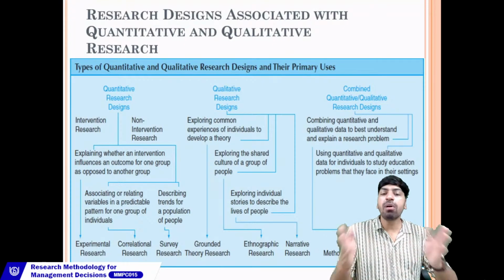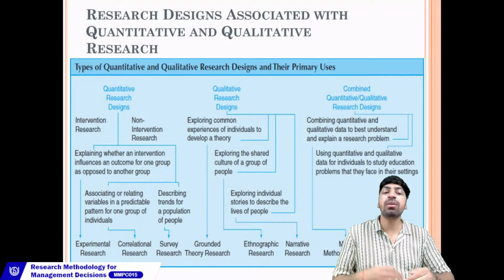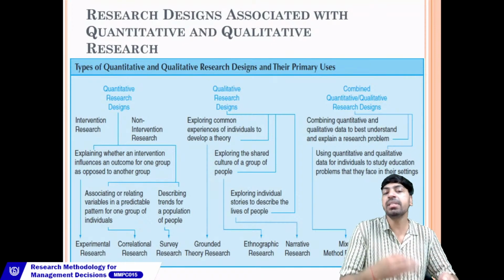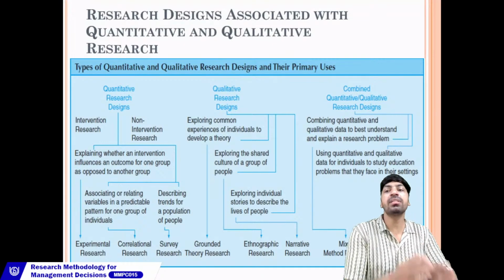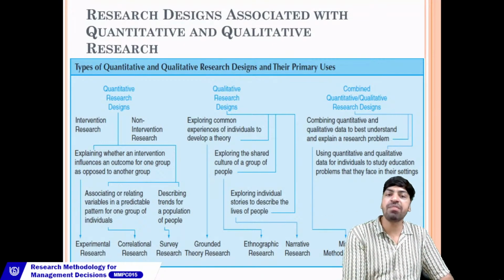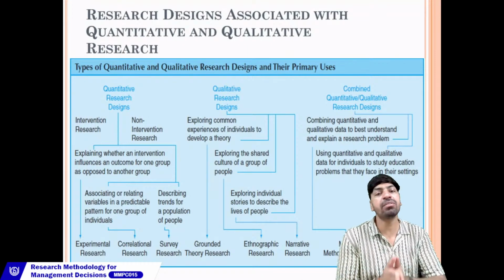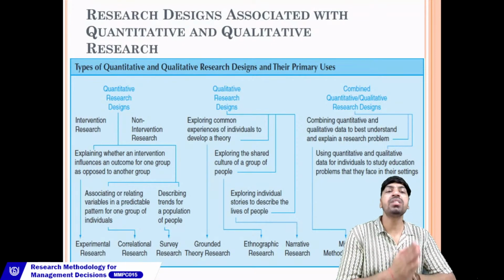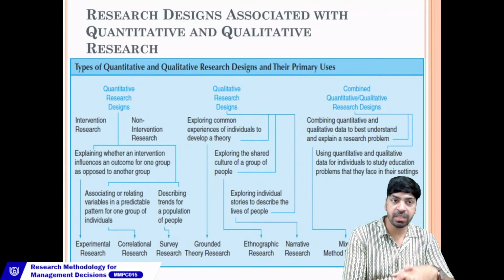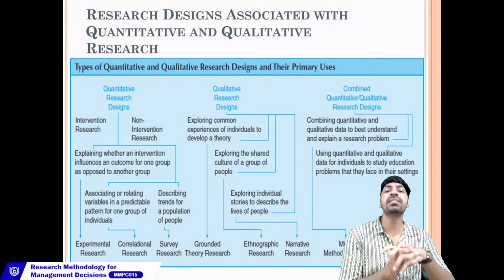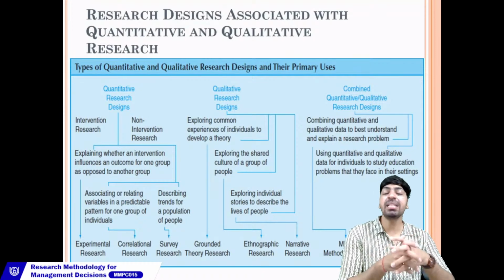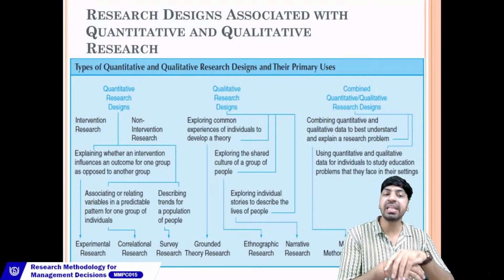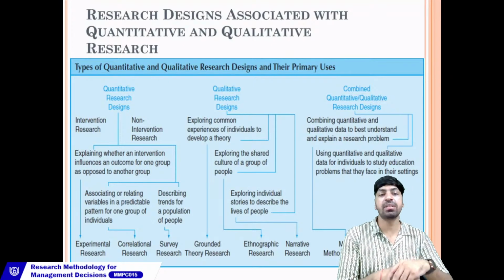Accordingly, you have to check which research design applies to your research study. So this is a chart which has been formulated and categorized into three parts. The first one is quantitative research design, the second is qualitative research design, and the third one is a mixed or combination of quantitative and qualitative research design.